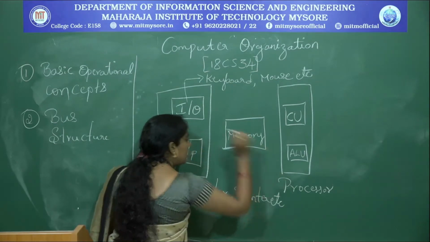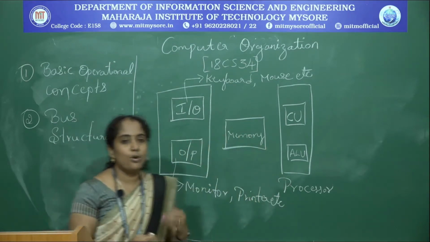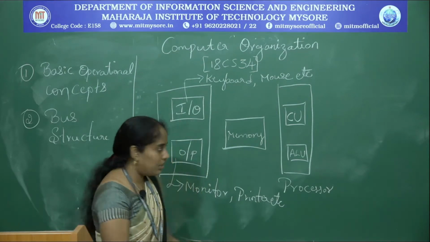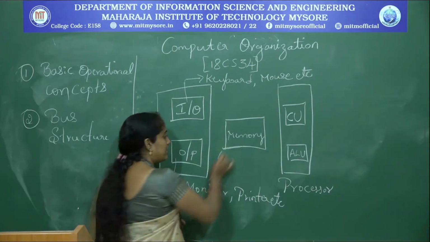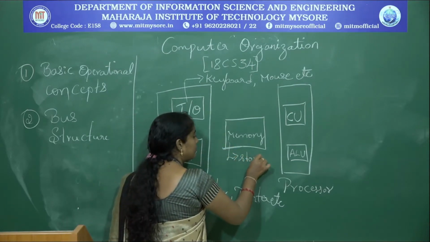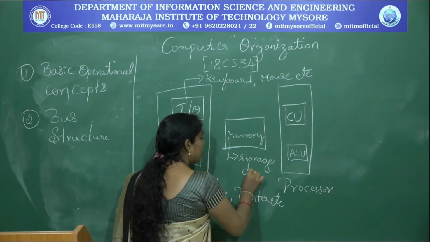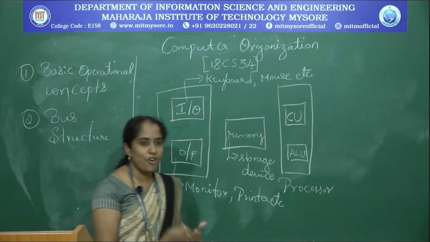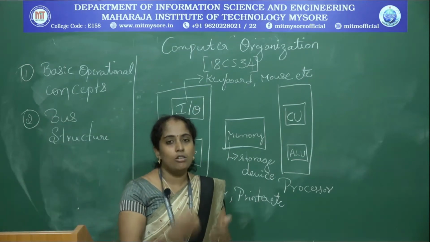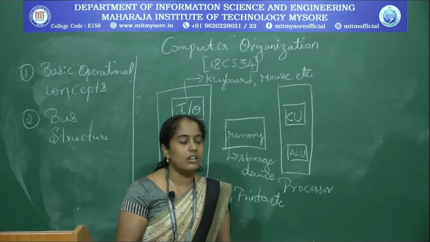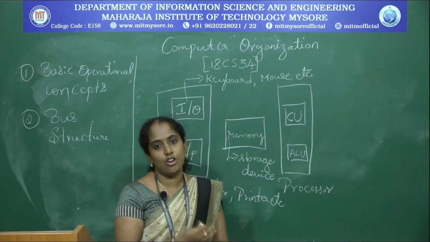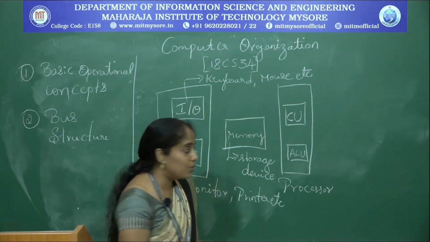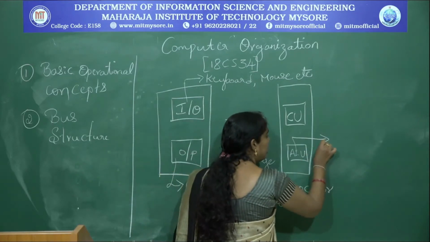If the user needs to store the data for further use, they will use memory. Memory is a storage device. If the user needs to perform any arithmetic or logic operations, say for example in your C program, addition of two numbers, your computer will use the arithmetic and logic unit.